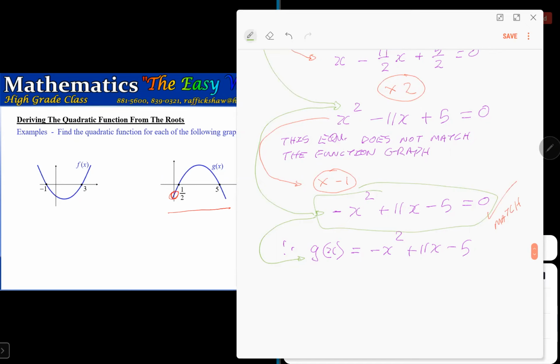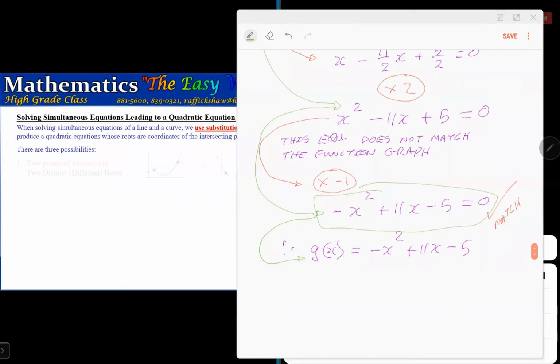All right. So you're going to have classwork on Wednesday that will have two things in it: deriving quadratic function from the roots and also simultaneous equations. But we're not doing the regular simultaneous equations. We're doing the simultaneous equations that lead to a quadratic equation.